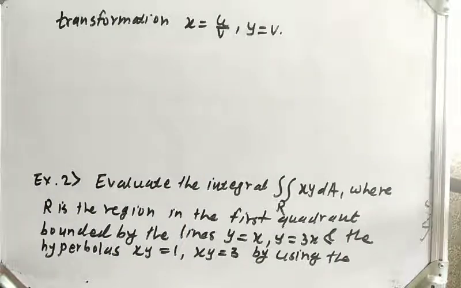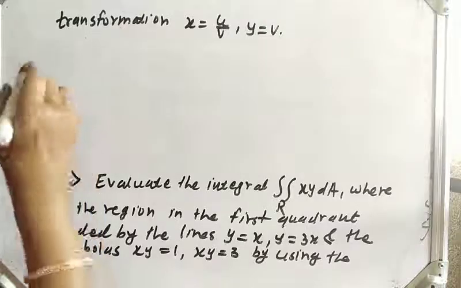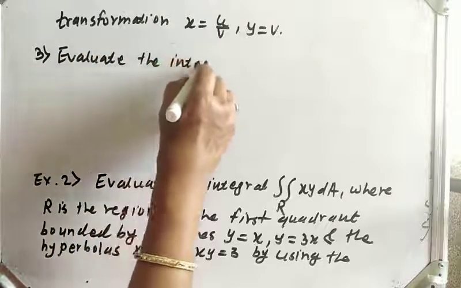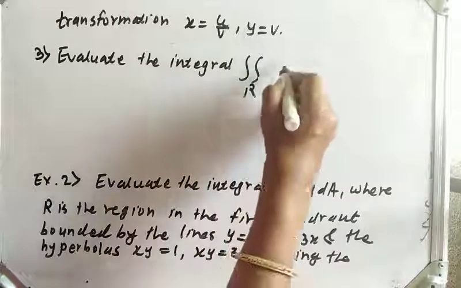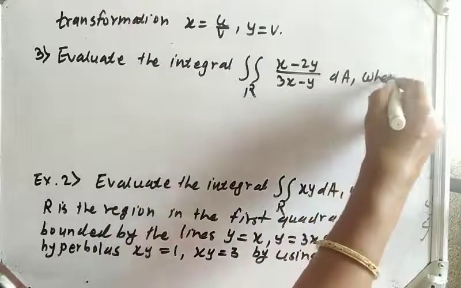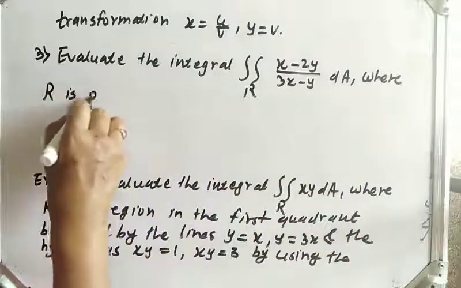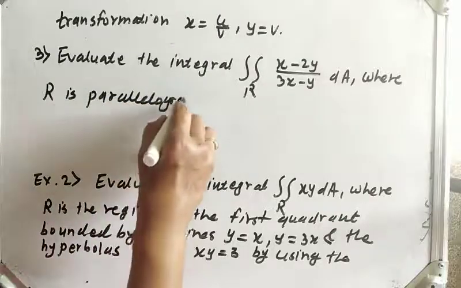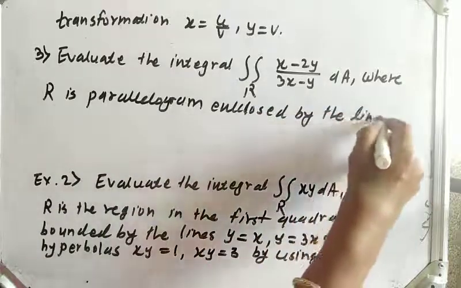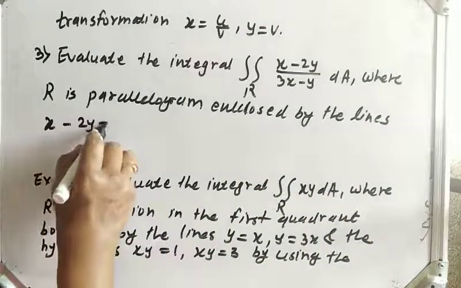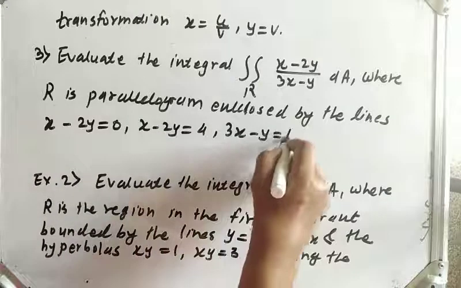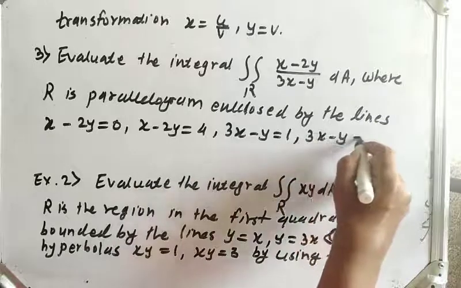Third example for homework: evaluate the integral, double integration over R of (x minus 2y)(3x minus y) dA, where R is the parallelogram enclosed by the lines x minus 2y is equal to 0, x minus 2y is equal to 4, 3x minus y is equal to 1, 3x minus y is equal to 8.